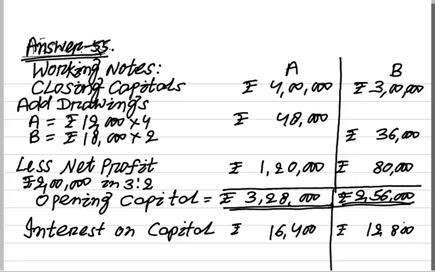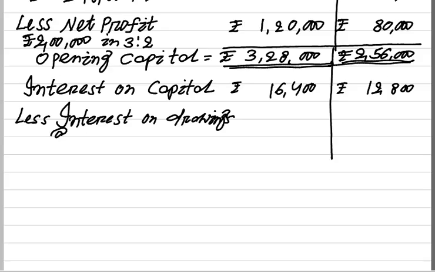And interest on drawings at 5% will be like this. Partners usually get interest on capital and give interest on drawings. So we can deduct like this: less interest on drawings at the rate of 5%.